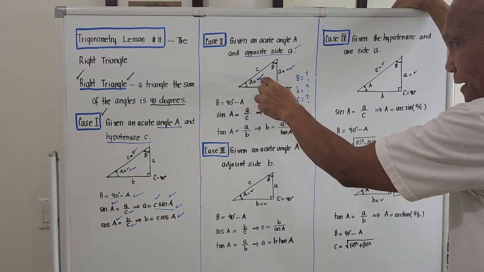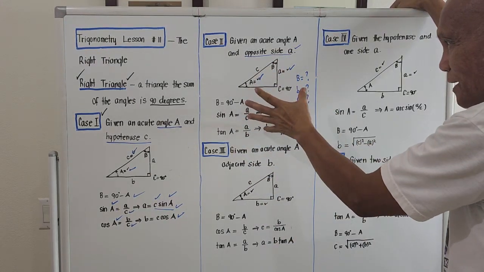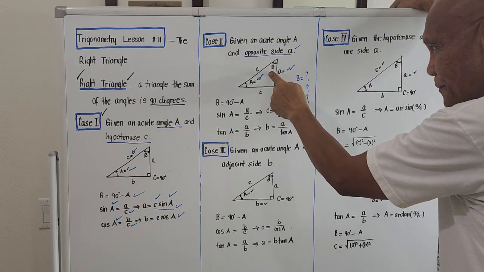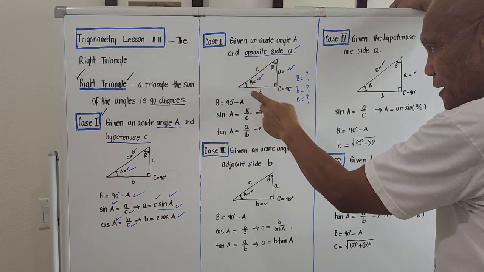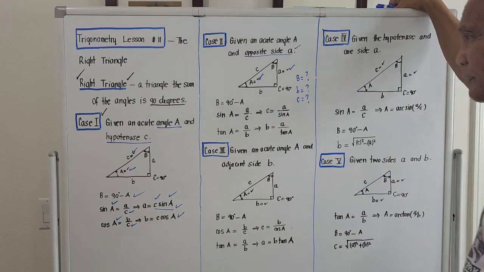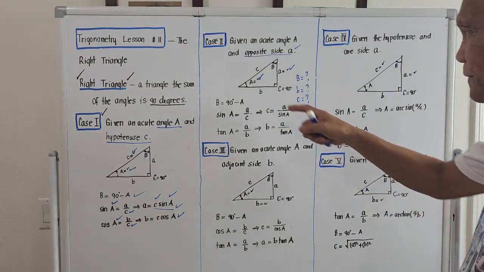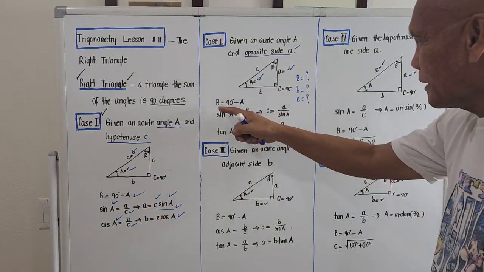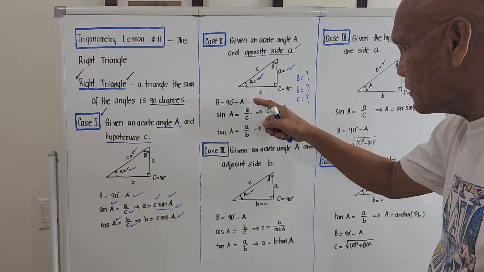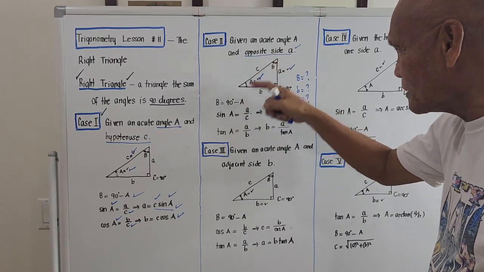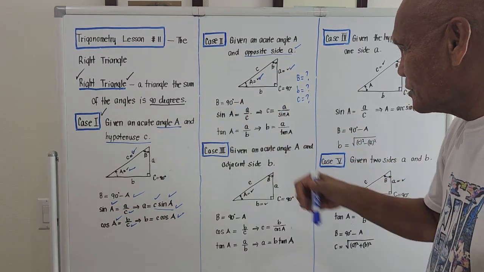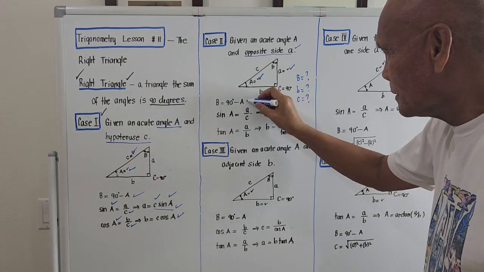We are given angle A and side A, so we are asked to compute for the value of angle B, hypotenuse C, and adjacent side B. Of course, if we are given angle A, angle B should be 90 degrees minus A, because the sum of angle A plus angle B is 90 degrees. So this is the value of angle B.